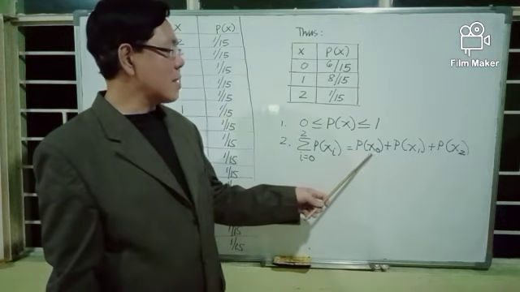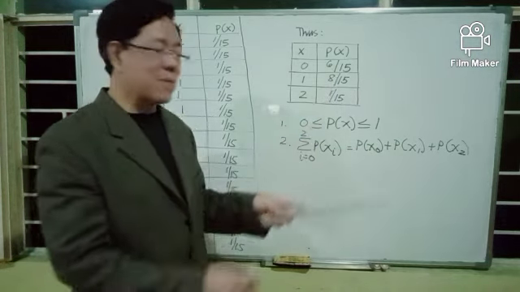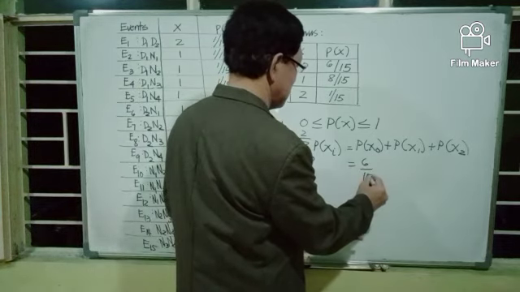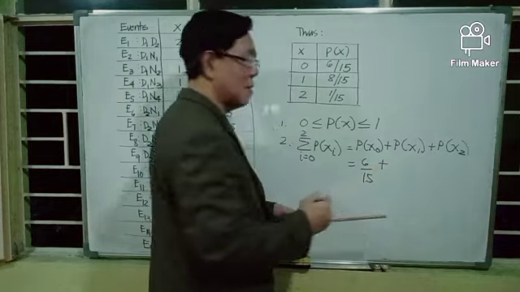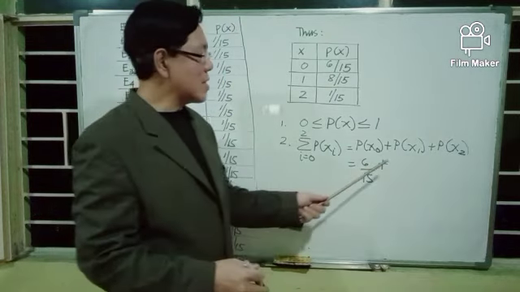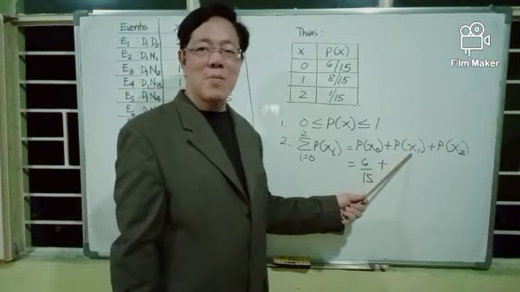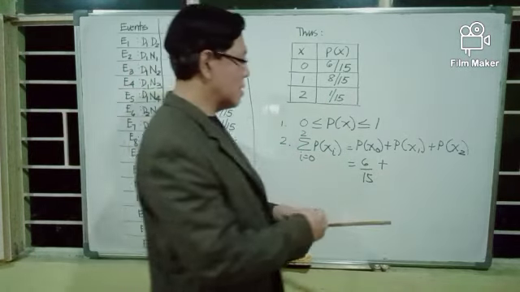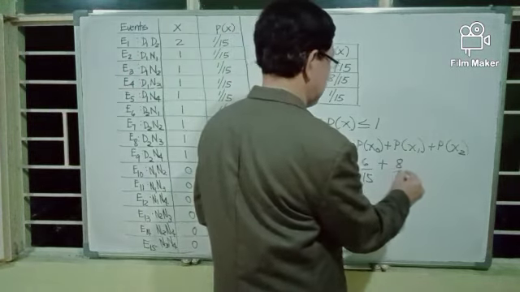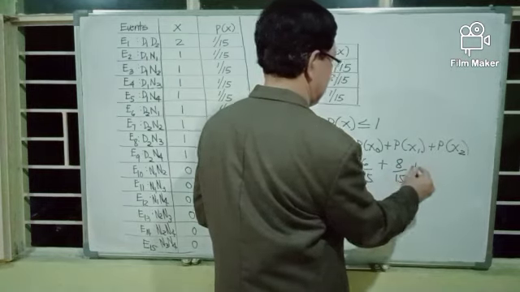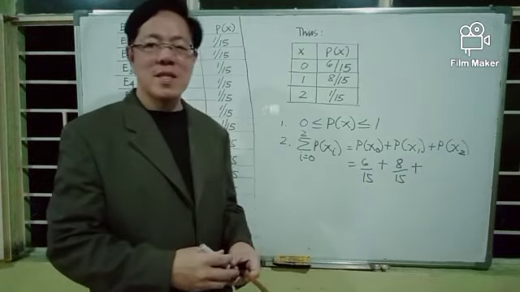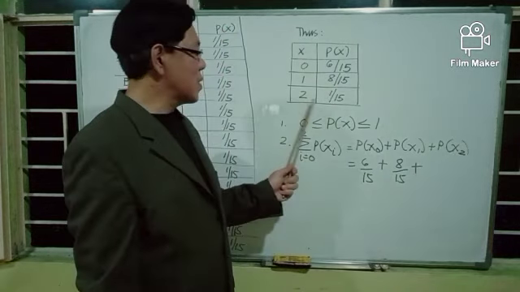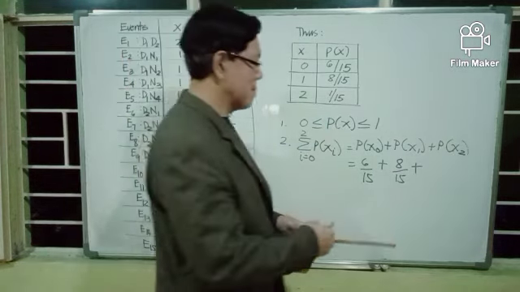The probability that x is 0 is 6 over 15, plus the probability that x is 1 is 8 over 15, plus the probability that x is 2 is 1 over 15.